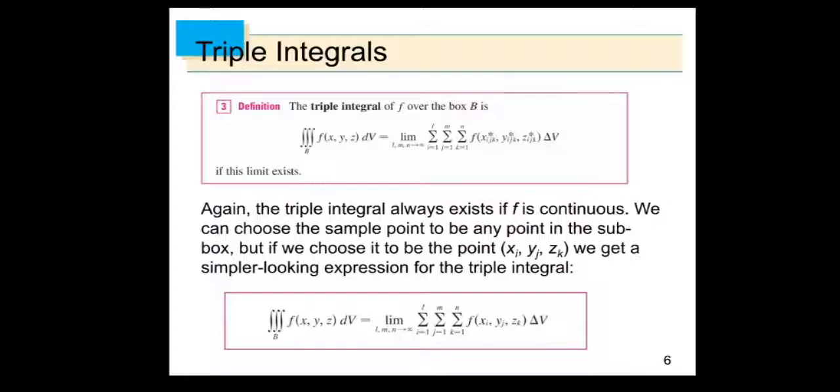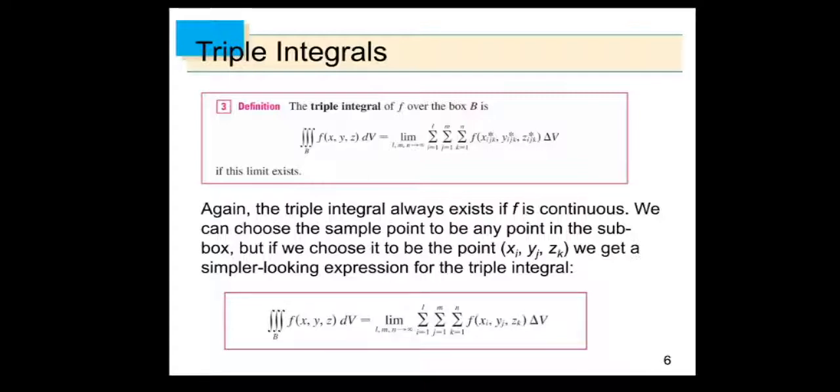Okay, so definition 3, the triple integral of f over the box B is, how are we going to write it down? We will be writing it as the triple integral over B of f of x comma y comma z dV is equal to the limit as l, m, n approach infinity, where we have summation over l, summation over m, and summation over n, with i equal to 1, j equal to 1, and k equal to 1, right?